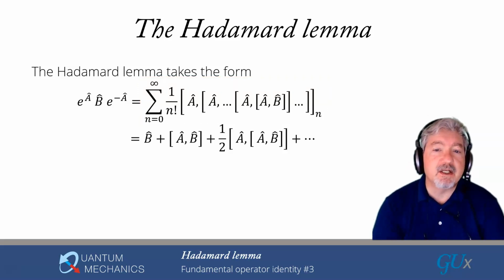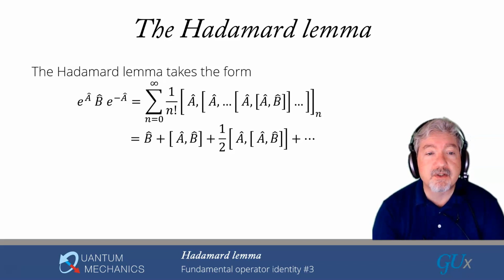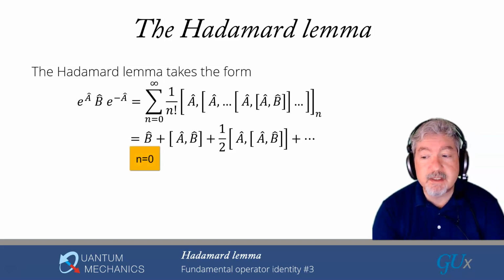So let's actually take a look at what the first few terms are. Obviously, when n is equal to 0, there's no nested commutator. And that first term is the operator B only.